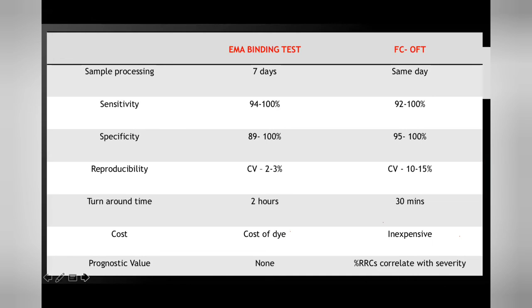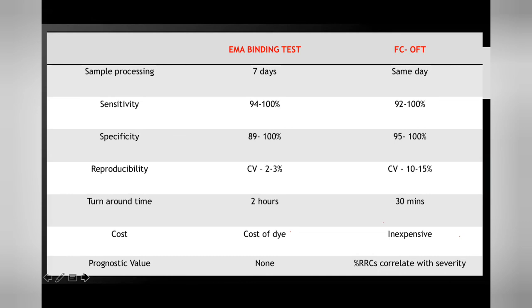Next. So if you compare the EMA dye binding test and the flow cytometric osmotic fragility test, each one has its own advantage. The sample is stable for approximately 7 days for the EMA dye binding test, while flow cytometry has to be done on the same day, right? They are both sensitive and specific. The specificity of FCOFT is slightly higher.